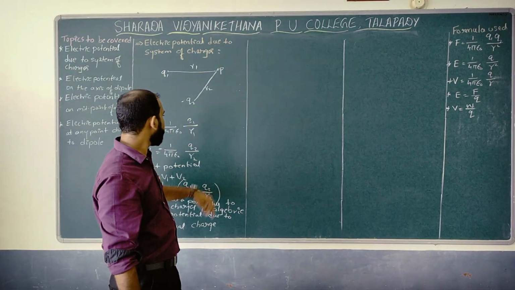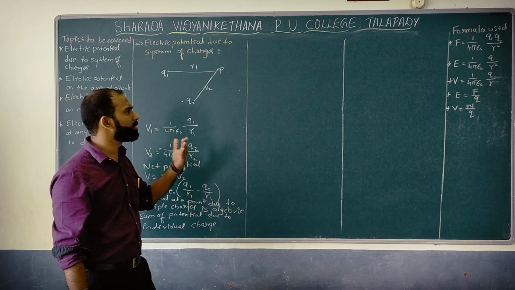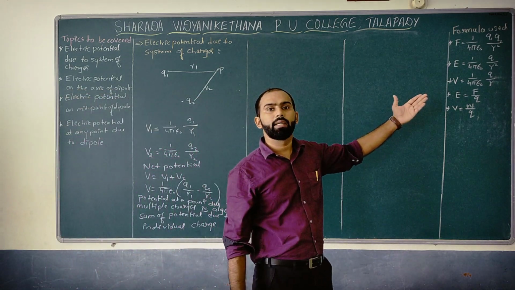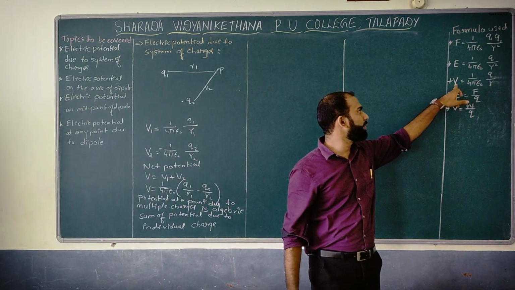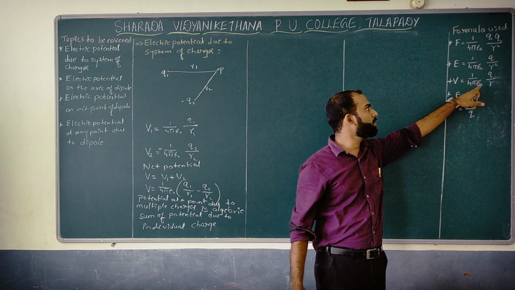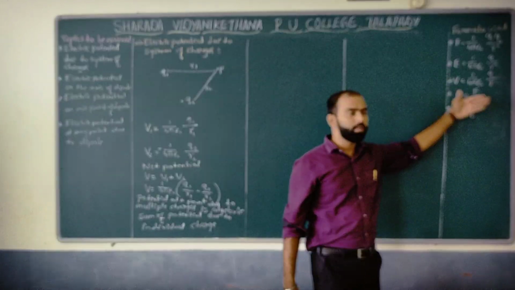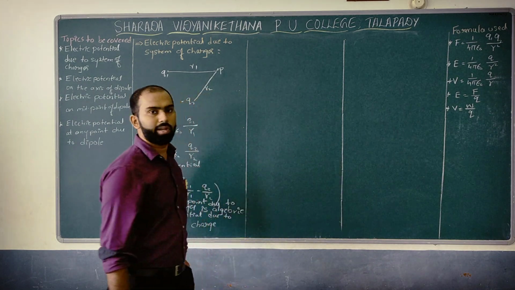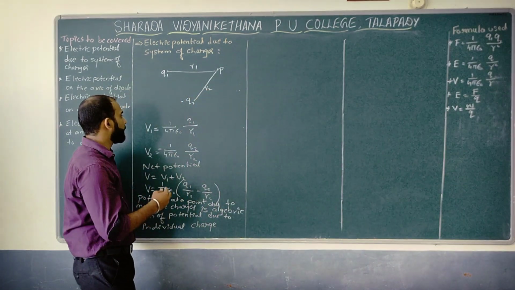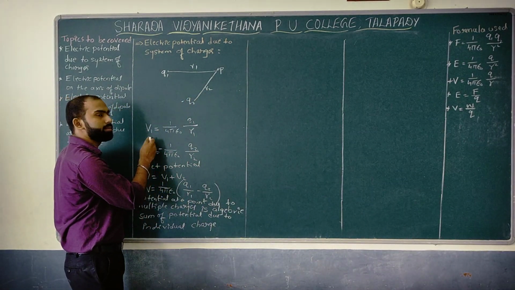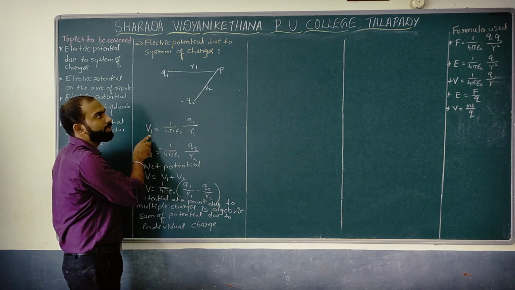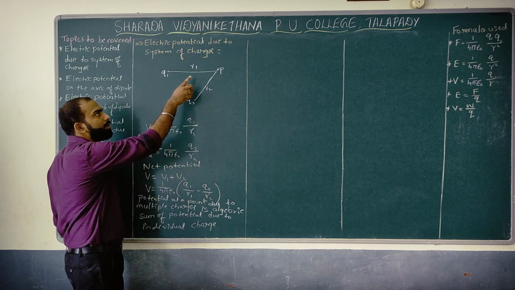We have the general formula which we discussed in the previous class, that is V equal to 1 by 4 pi epsilon naught Q by R. Based on that formula, V1 is the potential due to Q1 at the distance R1.